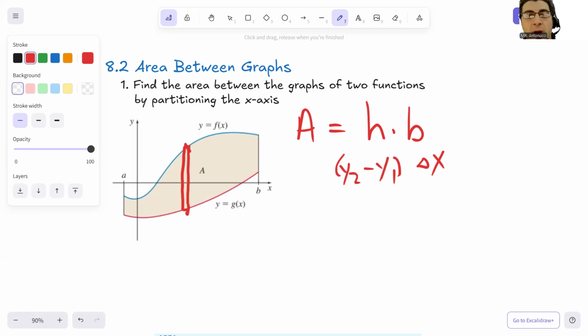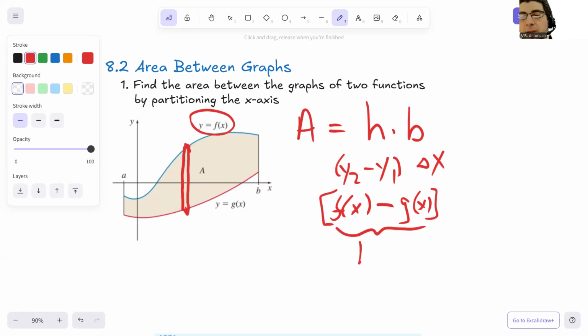Well, y2 is the specific y value at that point for f of x, so that's f of x minus the specific y value for the g function, so g of x. All right, so we have f of x minus g of x gives us the height, and then times delta x.